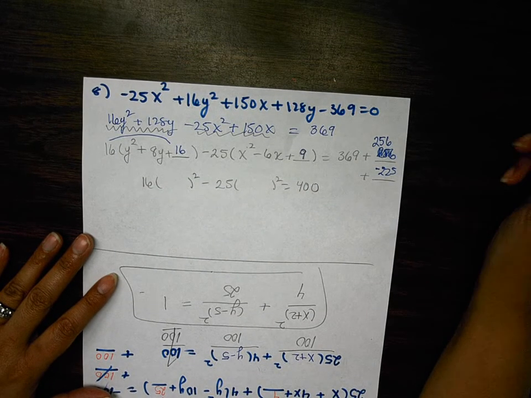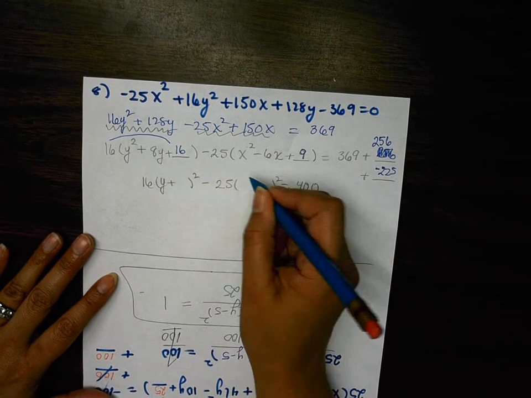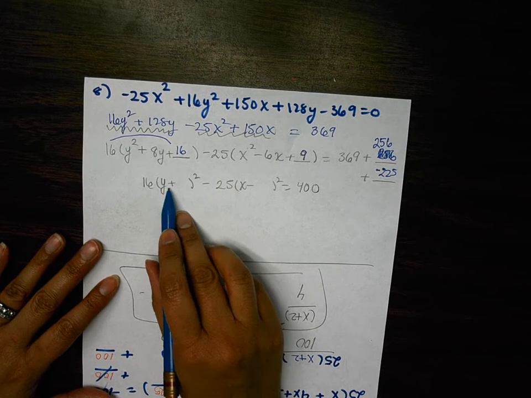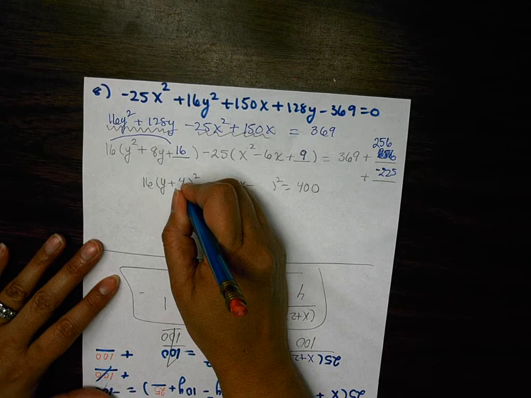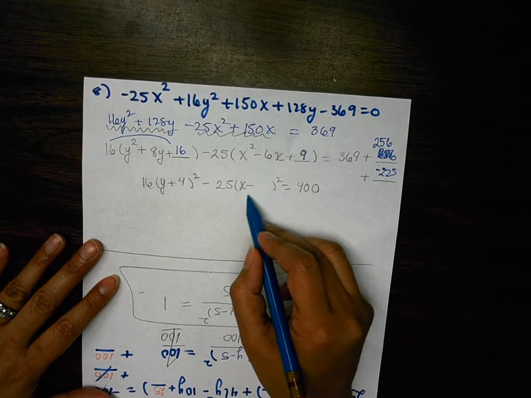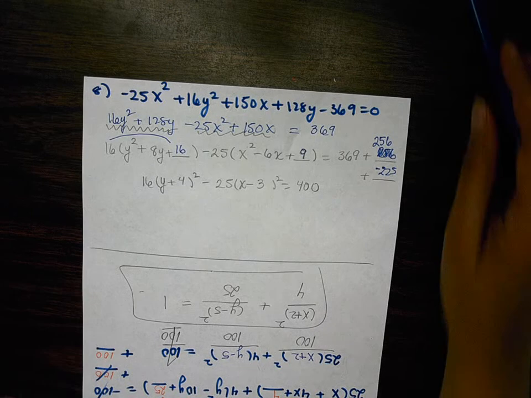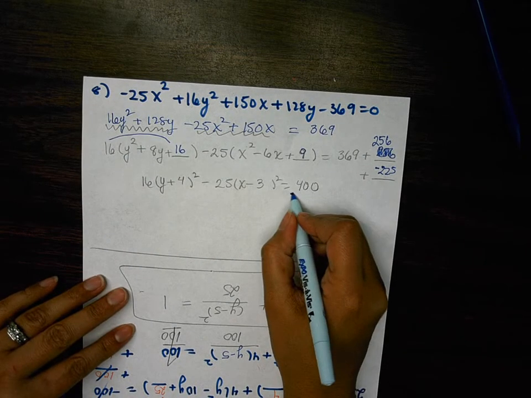400? Did anybody else get 400? Yes. All right. Factor: y plus 4 times x minus 3. And because it's not a circle, I want it to equal 1.